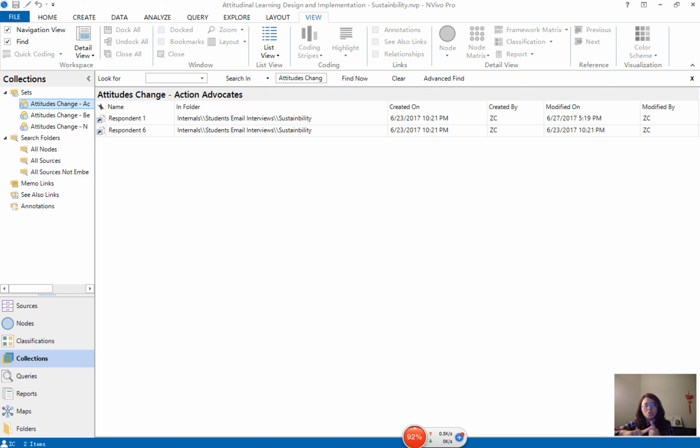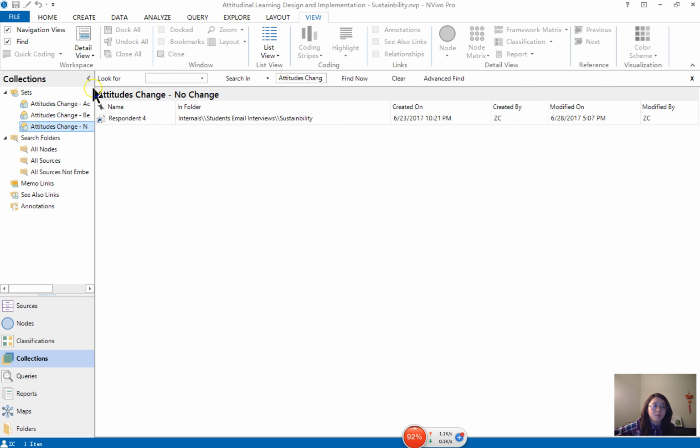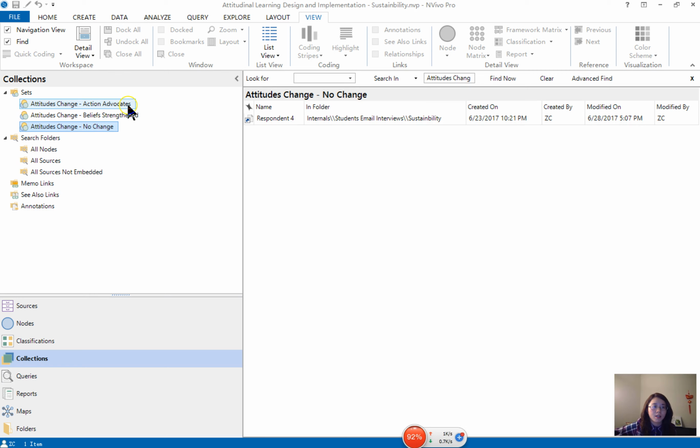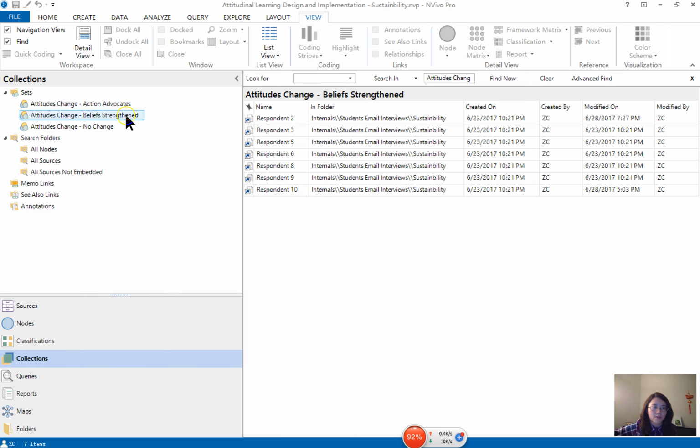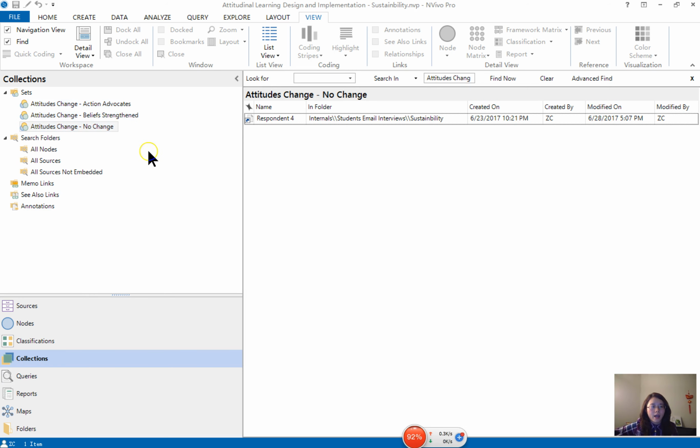So I have 1 no change, 1 action advocate, and the other 7 or 8 who claim that their beliefs were strengthened. So based on that, I created 3 different sets. You can see the names: action advocates, belief strengthened, and no change. So based on this, I did a matrix.